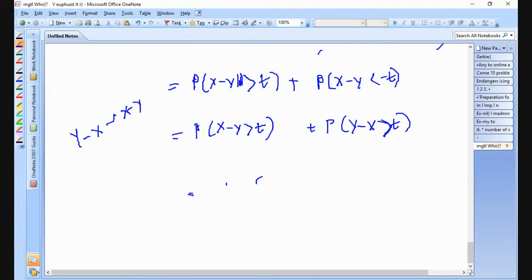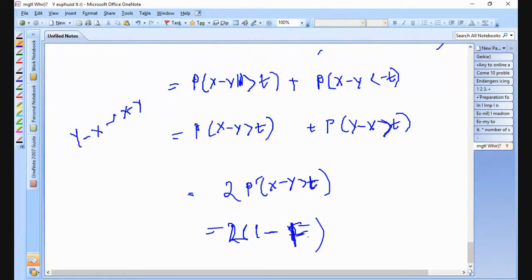So it's twice the probability x minus y greater than t, and therefore twice into 1 minus F of t, a distribution function F of t.